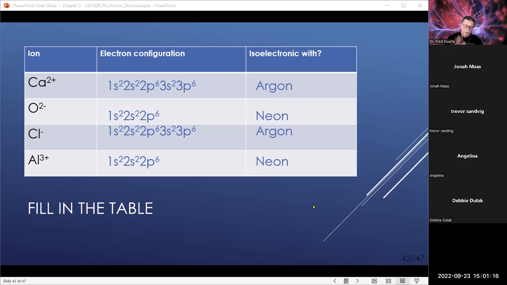I cannot overemphasize: the calcium ion did not become argon, nor did the oxide ion become neon, nor did the chloride ion become argon. Okay, they did not do that. They become isoelectronic with those particular noble gases simply because they share the same number of electrons.